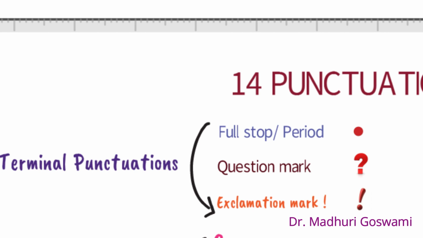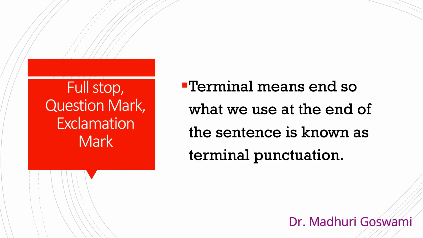Well, what do we mean by terminal punctuation marks? Terminal means the end. So, what we use at the end of the sentence is known as terminal punctuation. So, terminal punctuations are what we use to end sentences.